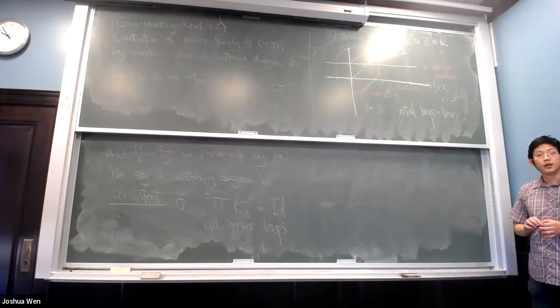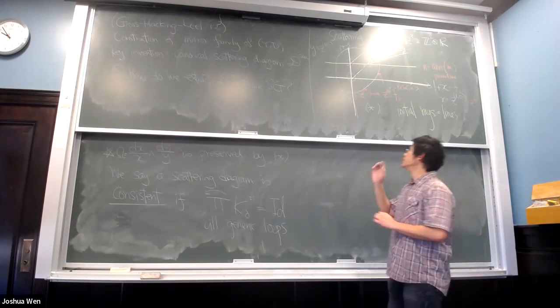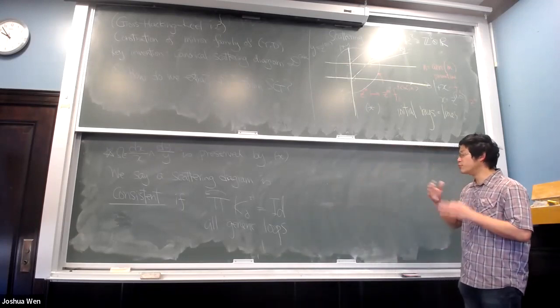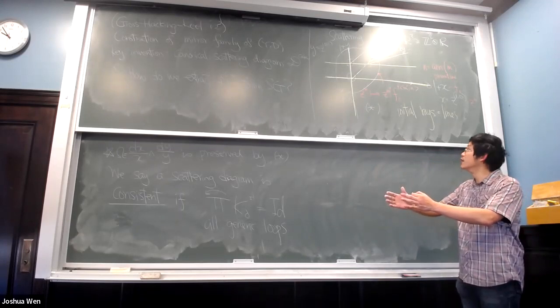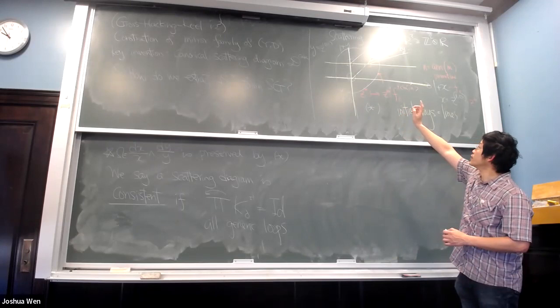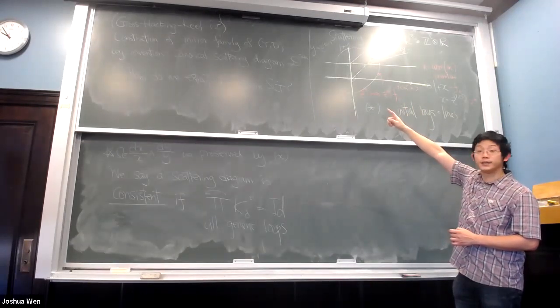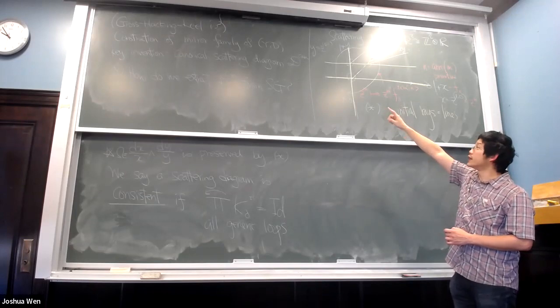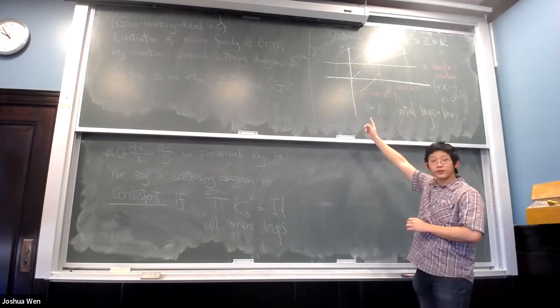Okay. And so that partially answers the question of Joshua. What do you mean by the mirror? I want to say that later on, from the data of counting invariants on the original pair (Y, D), I'm going to use that as part of the data from the A side to construct a scattering diagram.